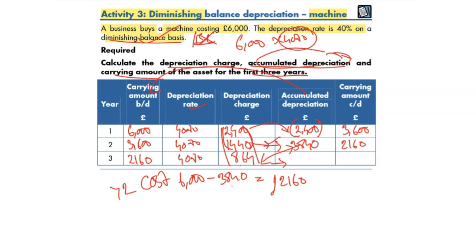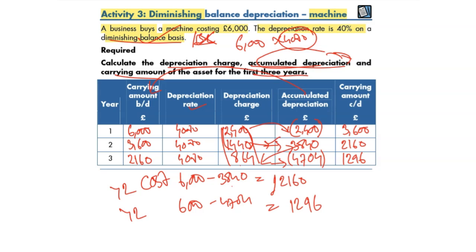So I'd like to add 3,840 with 864, which gives me 4,704. That should be taken away in year 3 from the cost, 6,000 minus 4,704. What you get is 1,296. Okay, and that is the answer.